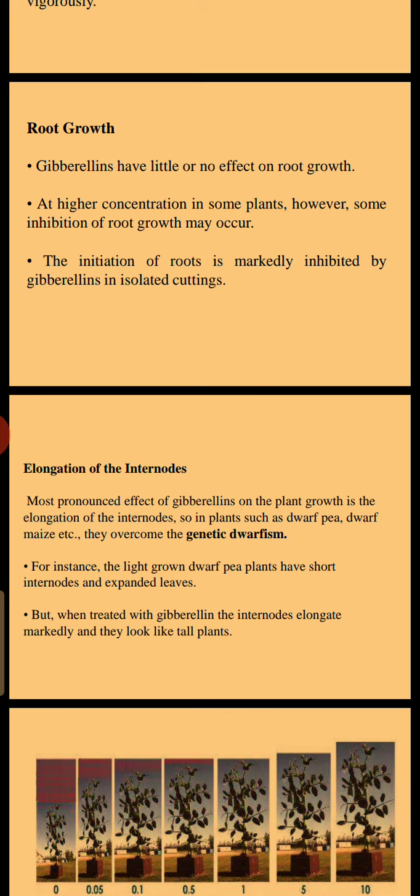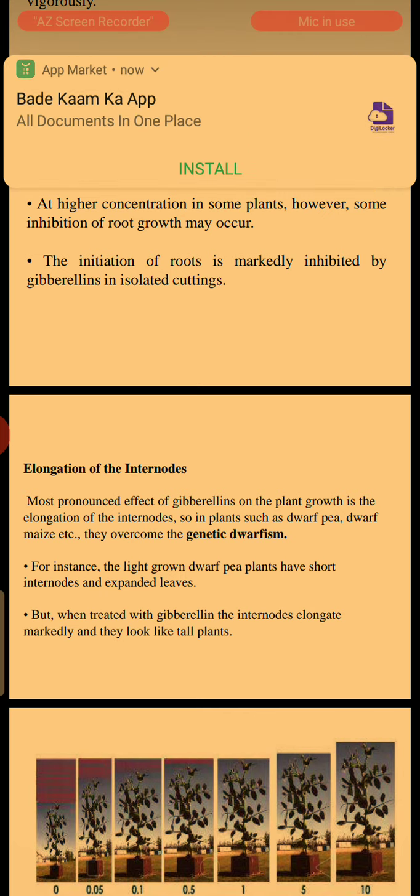But when we increase or take different concentrations of gibberellic acid, then you will see the plant growth and development or elongation will be higher. This is one case, it is not generalized; the concentration of gibberellic acid required for elongation is different for different species.